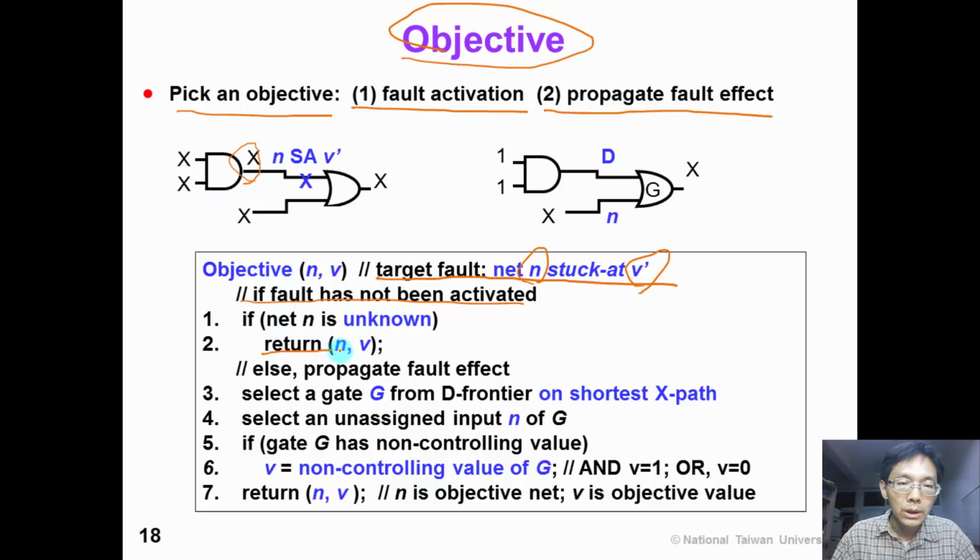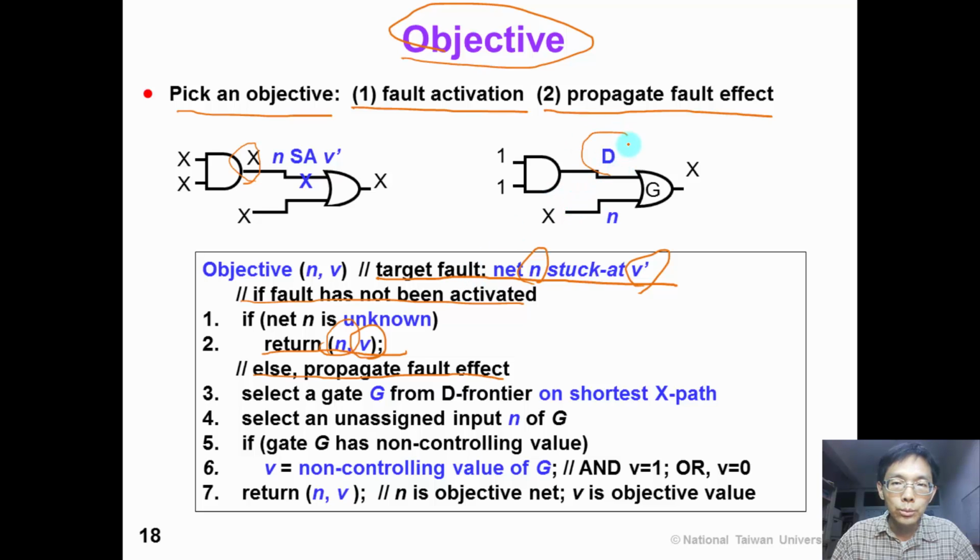Then we simply return the objective as net n, and the objective value is v, which is opposite to the stuck-at value v prime. Otherwise, the fault has been activated, like the right hand side.